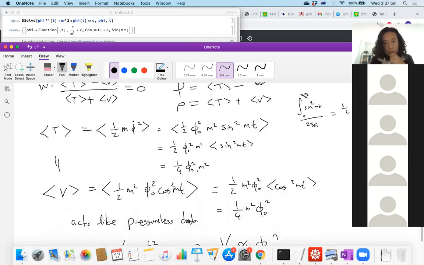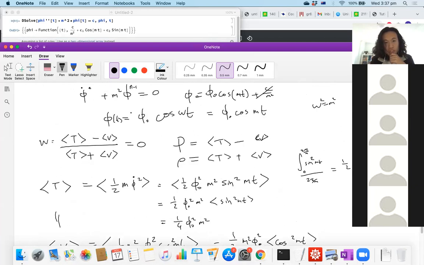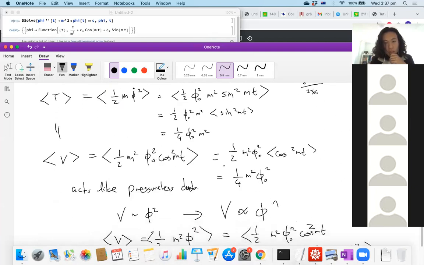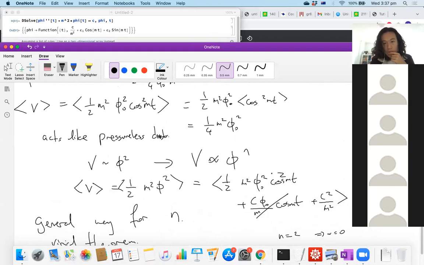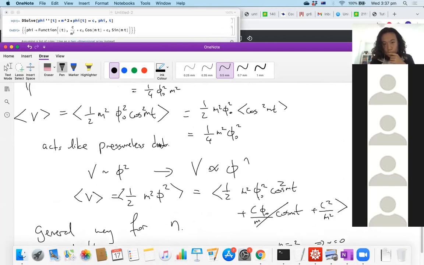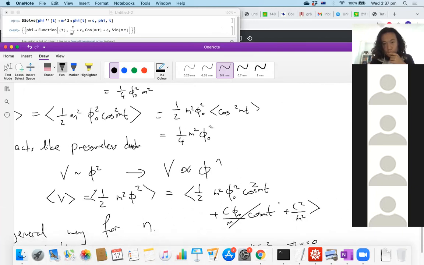So kinetic energy stays the same because the derivative would drop out the constant. Potential energy will be slightly different. Oh, weird. Sorry, I actually honestly don't know.